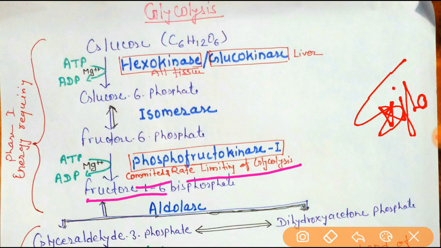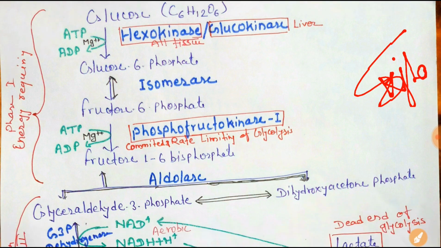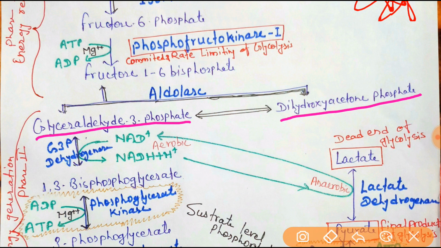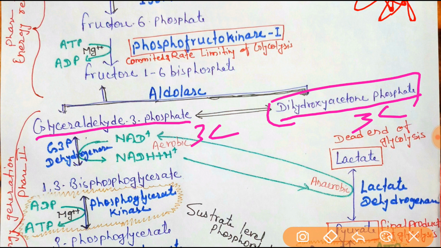Fructose 1,6 bisphosphate is formed and it is converted to glyceraldehyde 3 phosphate and dihydroxyacetone phosphate. Both are 3 carbon compounds.